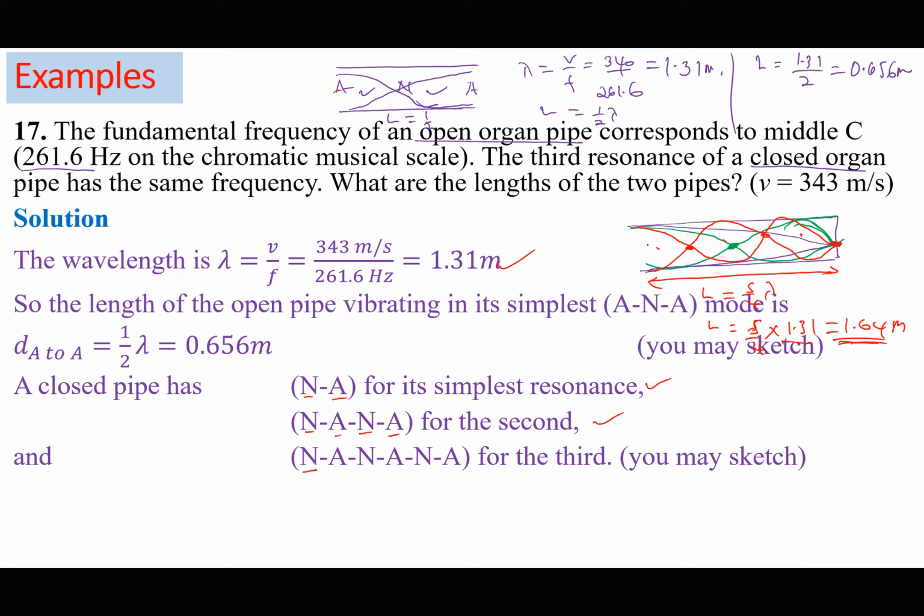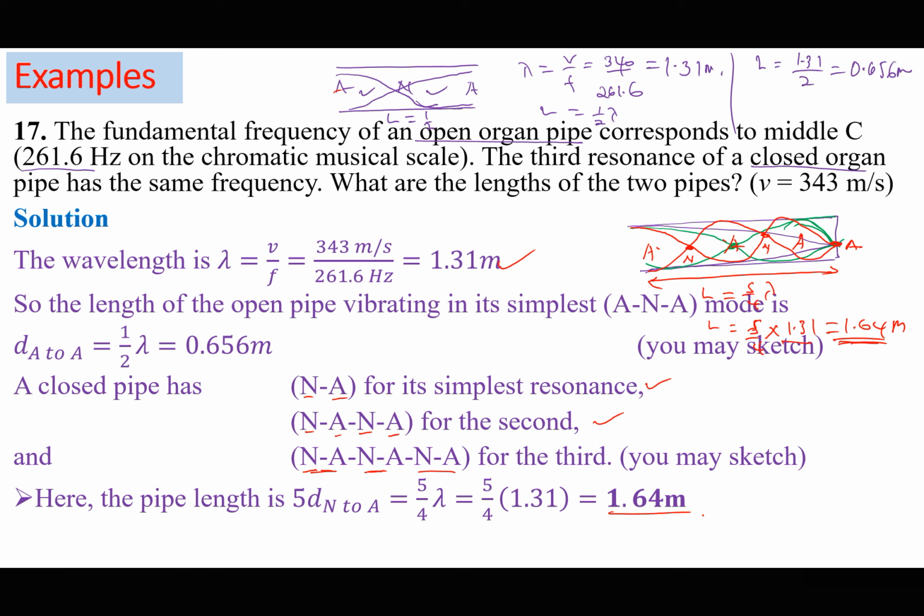Then we have node, antinode, node, antinode, node, antinode in red. So this gives us 1, 2, 3 for the third, and that pattern gives 5/4 of the wavelength. That's how we came up with L being equal to 1.64 meters.